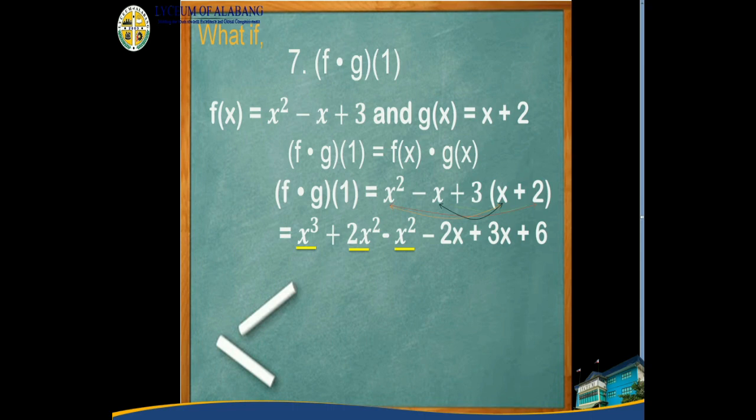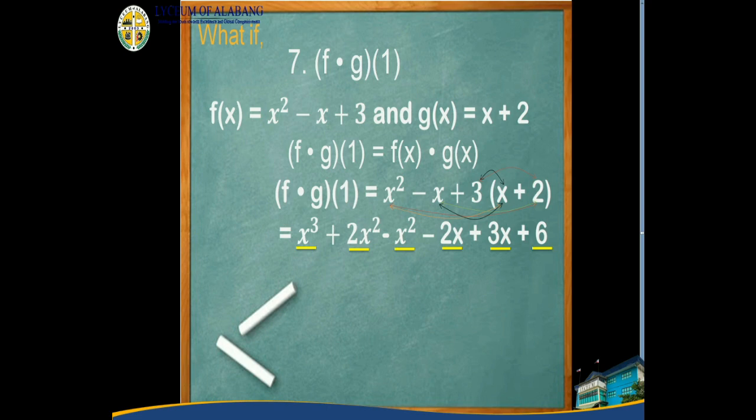Negative x times 2 is equal to negative 2x. 3 times x is equal to 3x. And 3 times 2 is equal to 6.